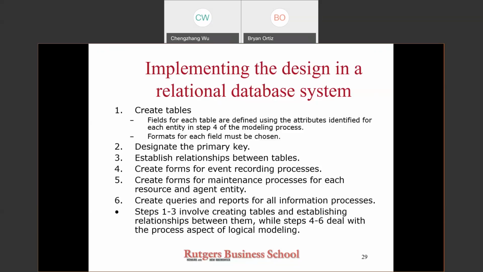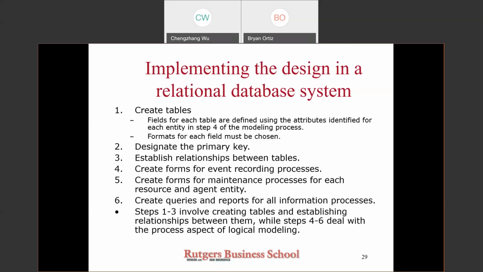Well, step 8 in the event-oriented modeling process results in the delineation of the structures of tables needed in the relational database system. The fields for each table are defined using the attributes identified for each entity in step 4 of the modeling process.